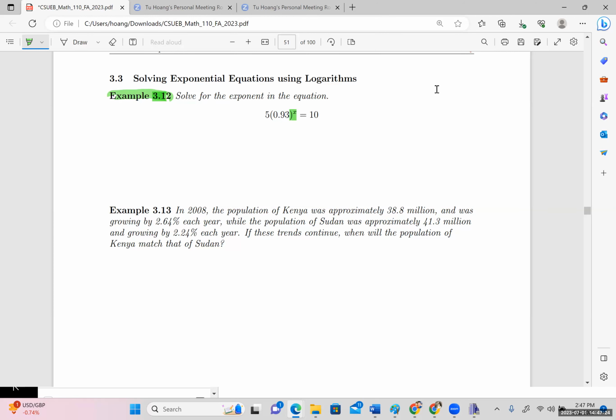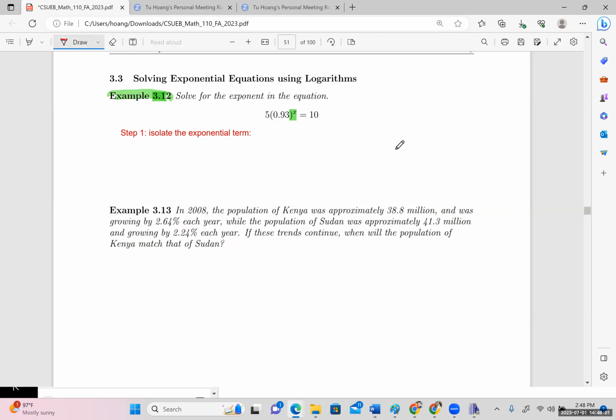Right now we have an exponential equation, and we need to solve for x, which is in the exponent. Step one is to isolate the exponential term.